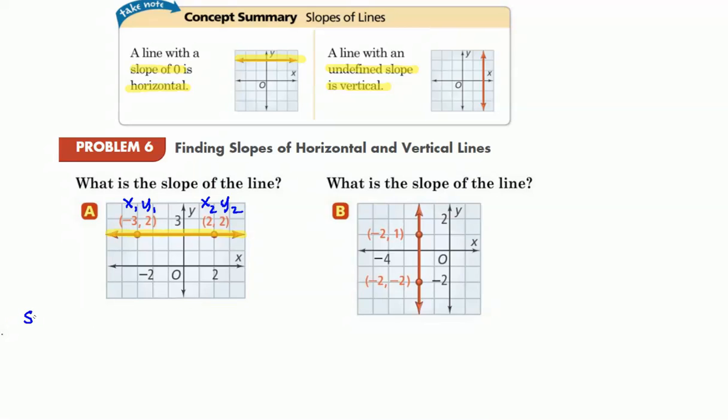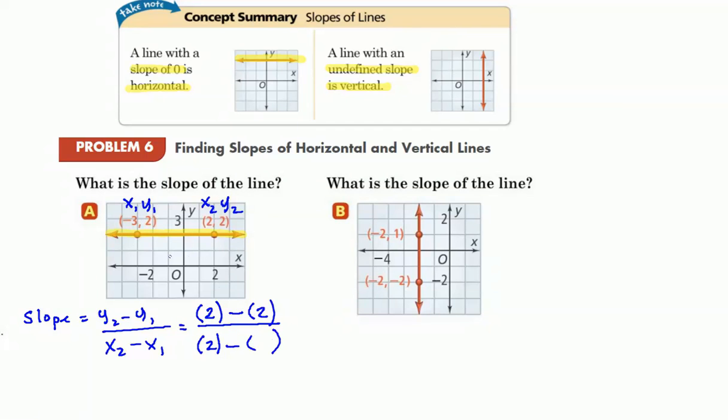So my slope formula is y2 minus y1 over x2 minus x1. So I'm going to go ahead and substitute those values. For y2, I'm going to put a parentheses around that, it is going to equal 2, minus the value of y1, which is going to be 2. x2 equals 2 minus my x1, which is a negative 3.